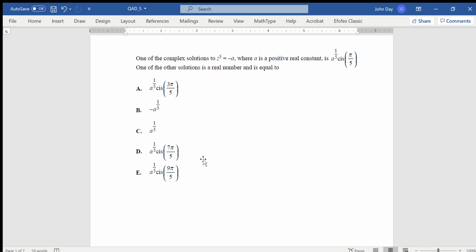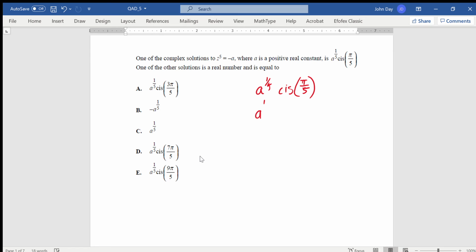So each of the 5 different roots are going to be 2 pi on 5 apart. So if this first one is at a to the 5th cis pi on 5, that is the first one.